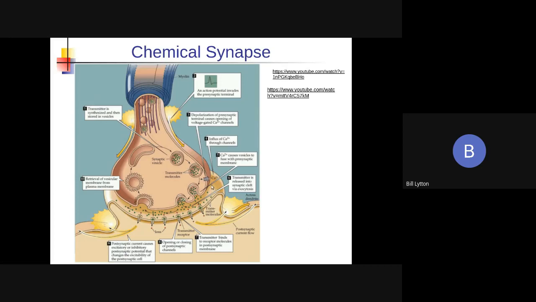And there's always or often evidence of spillover, particularly of glutamate, with very strong stimulation, which can give you activation of extrasynaptic as well as intrasynaptic receptors.